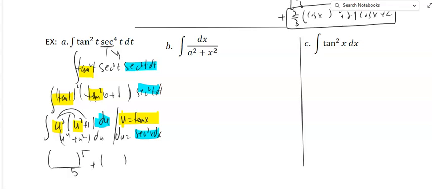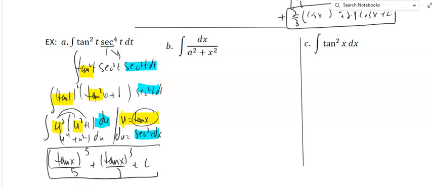Add 1 to the power, that's u to the 3rd over 3. And what was u? U was tan of x. And that's pretty much how it works. If you happen to have those and you know the rules, it's fairly simple.